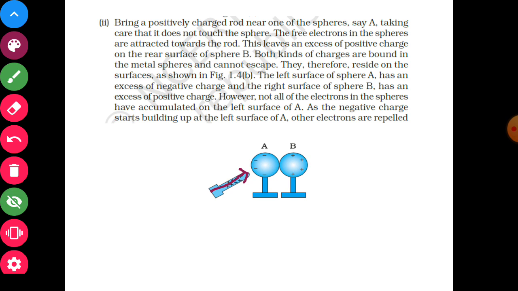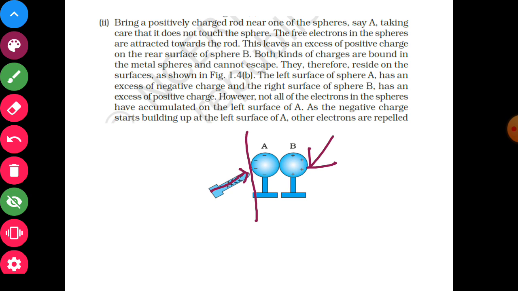So what will happen? Some of the electrons, not all, will be attracted towards the left-hand side, towards sphere A. So excess positive charge is left on the second sphere. Here positive charge is as if generated.